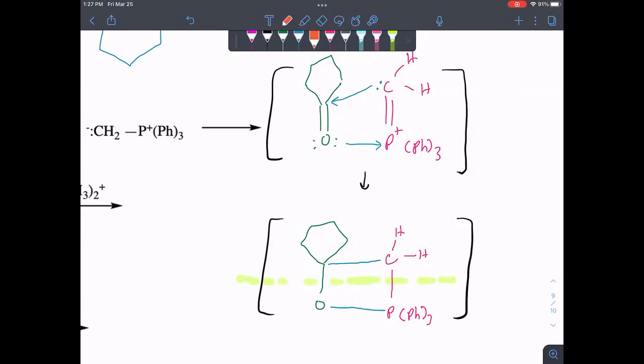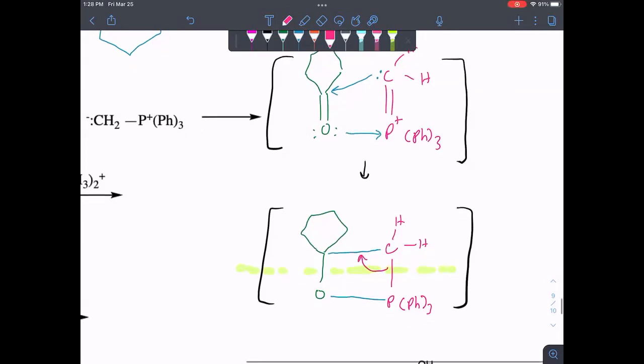That happens when these arrows attack like this. The carbon-phosphorus bond breaks and makes a double bond here, and then the oxygen-carbon bond breaks and makes a double bond there. They're unfolding into two separate alkene products.